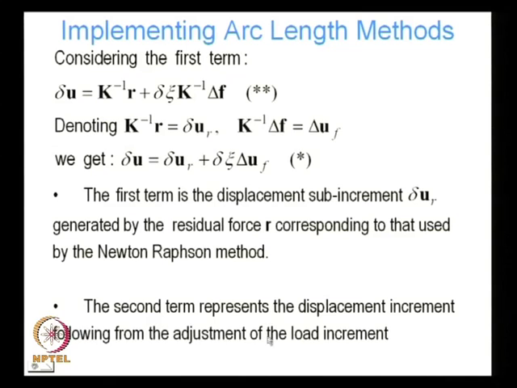The second term represents the displacement increment following from the adjustment of the load increment. If there was no adjustment of the load increment, then delta xi would be 0 and this term would vanish. But since delta xi is not equal to 0, I have this additional contribution: delta u equal to delta ur plus delta xi delta uf.